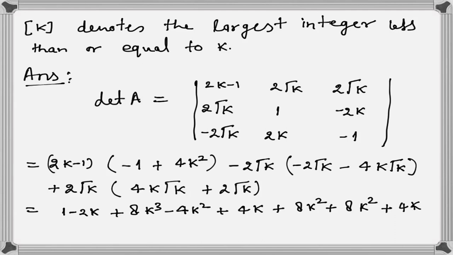So this is equal to 8k cube; then in k square it's 16 minus 4, it's 12, plus 12k square; and then for k, 4 plus 4 plus 8 minus 2, plus 6k, plus 1. So this is the value of determinant A.